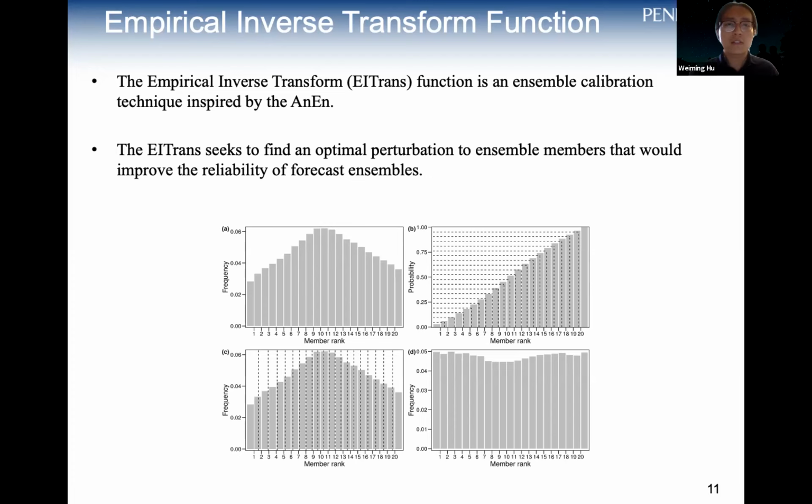So since just reducing the number of members won't help in terms of reliability, can we find out how to move each member a little bit, for example, to apply a small offset to each of the members so that our final predictions have a higher reliability?